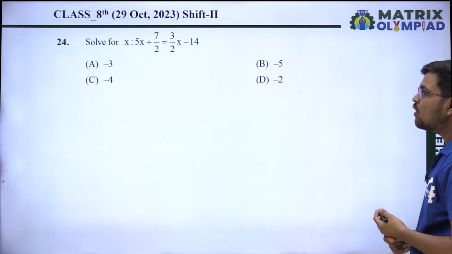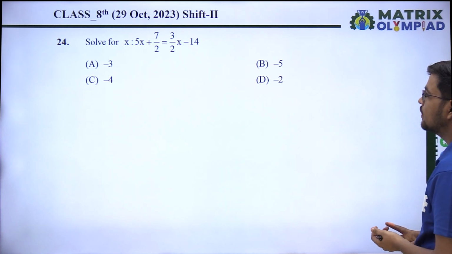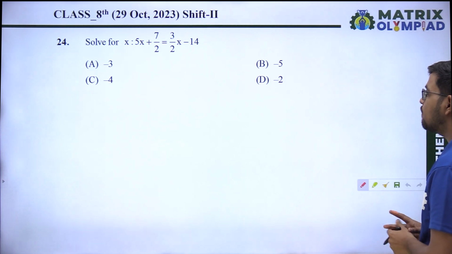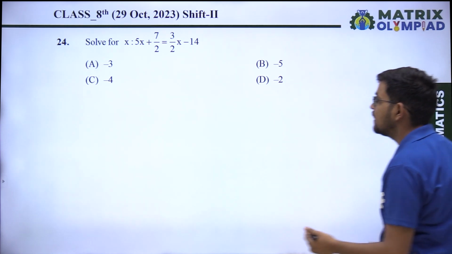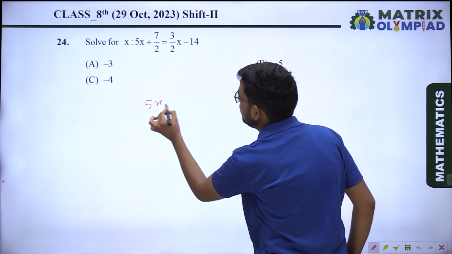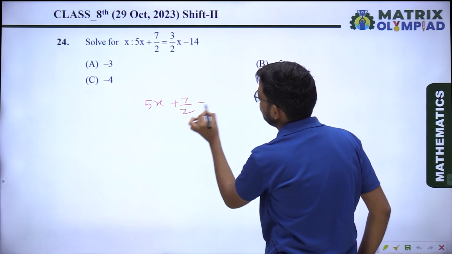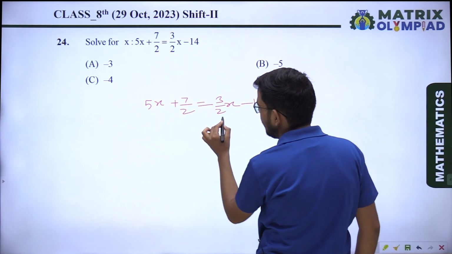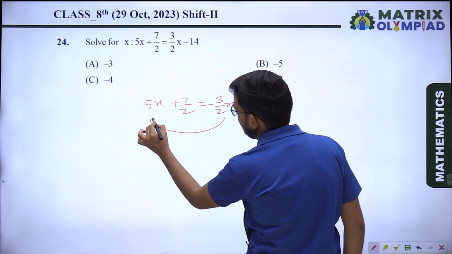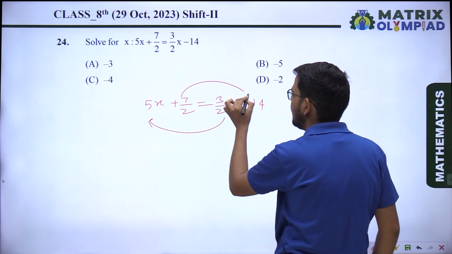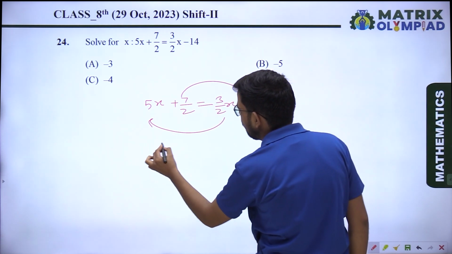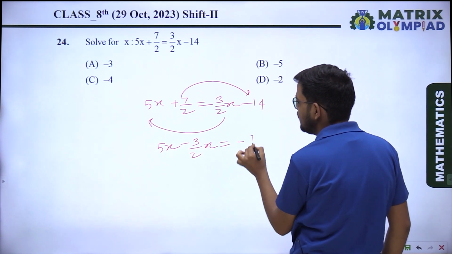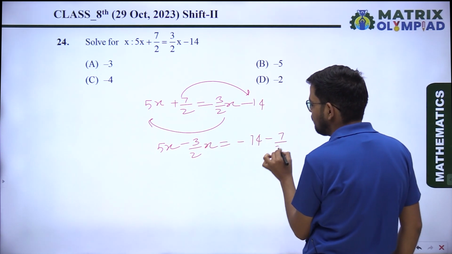Next question, solve for x. 5x plus 7/2 equals 3/2x minus 14. When we simplify it, send variables to the same side and constants to the same side. So 5x minus 3/2x equals minus 14 minus 7/2.